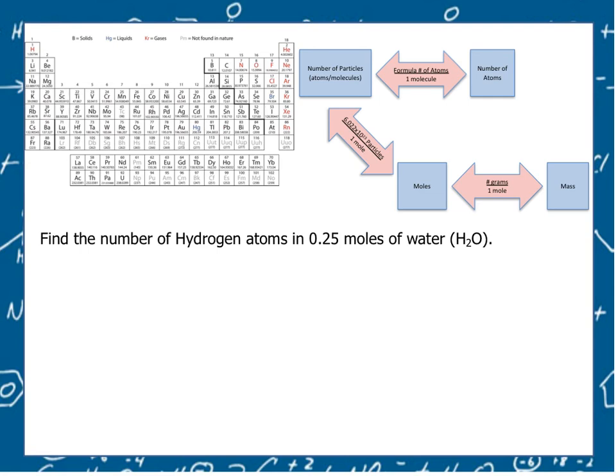So what I'm doing for this one is I have moles, and it wants me to get to number of atoms. But what you can notice here is the difference is I have a compound instead of just a single atom. So that means this box is going to have something other than just 1 over 1. So starting with my given, 0.25 moles.